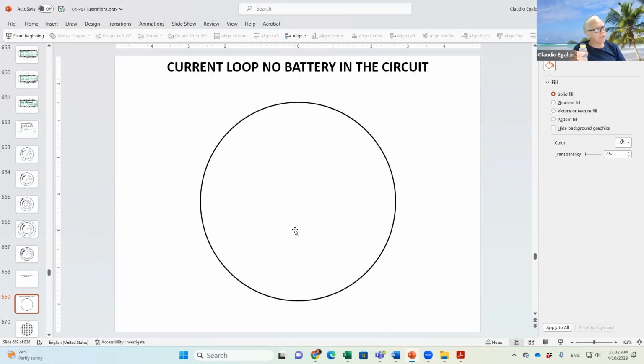We need something else other than batteries, and what we need is electromagnetic induction. We need generators. Most of the electricity that we get doesn't come from batteries; it comes from generators. And generators are governed by the law of electromagnetic induction, which is chapter 22, right?